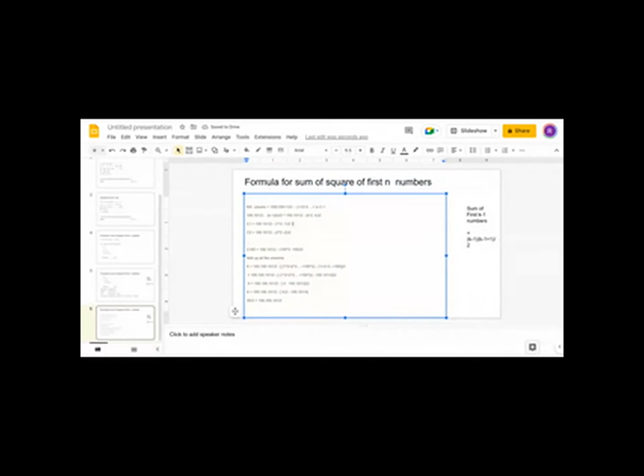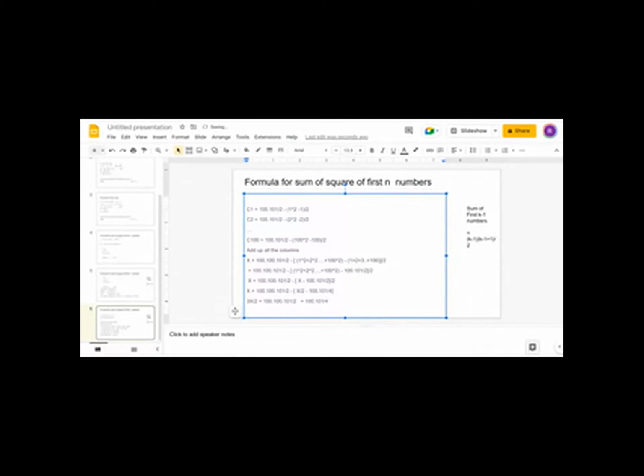Let me remove these to make it more clear. Okay. Yeah, that plus what? Can someone tell me the term? Very good. Plus 100 into 100 and 1 by 4. Exactly. Now can you simplify this more?